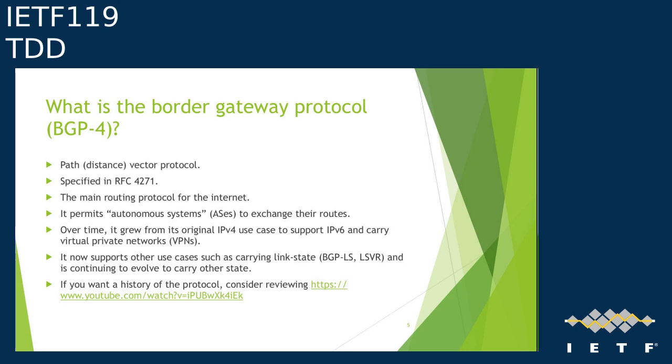BGP is a path vector protocol, which really means it's a distance vector protocol, which really means that it's just RIP. And there are a lot of people in here who really don't need to be at this talk because you already know everything there is to know about BGP, but you're just here to throw peanuts at us and make sure that we stay honest.